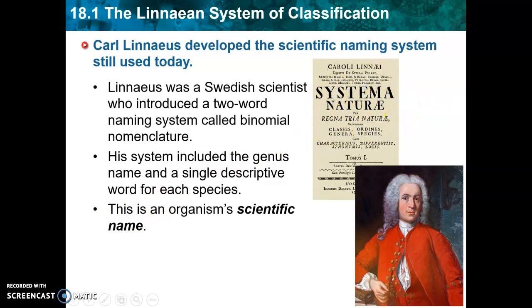That's his contribution to our classification knowledge, and he actually was pretty successful in naming and classifying a great variety of different organisms. We still use the basis of his system today, and that's how we determine an organism's scientific name, which is a 2-part name consisting of the name of the genus it belongs to and a single descriptive word for each species within that genus.